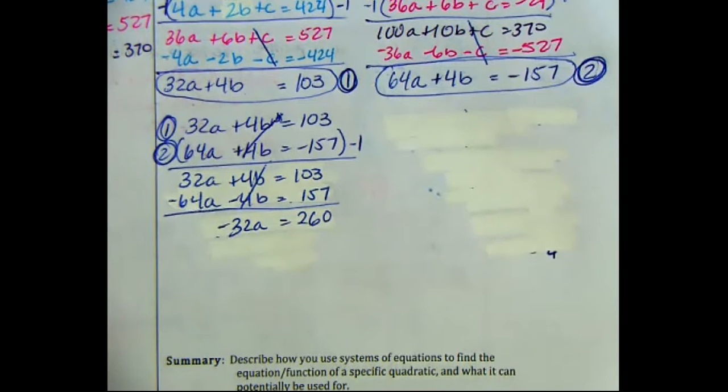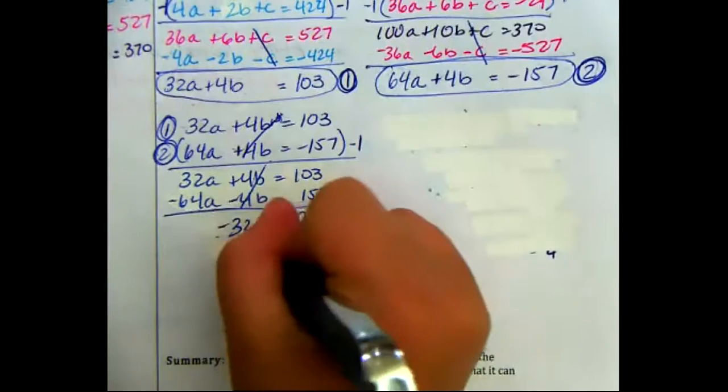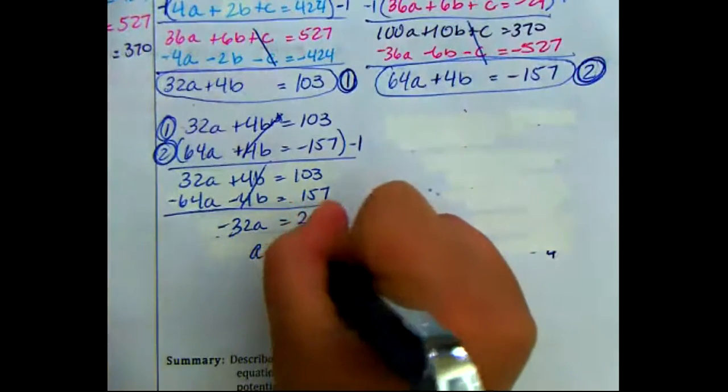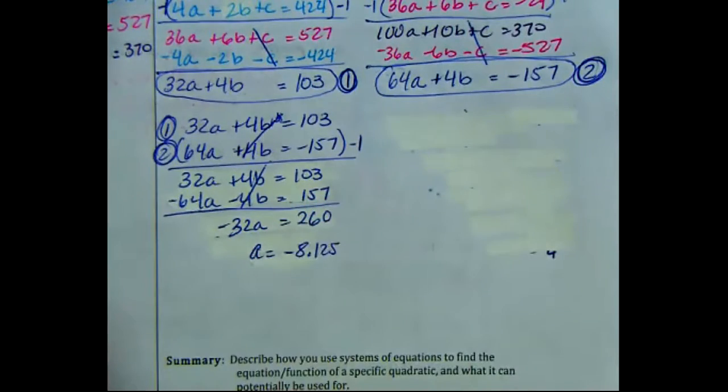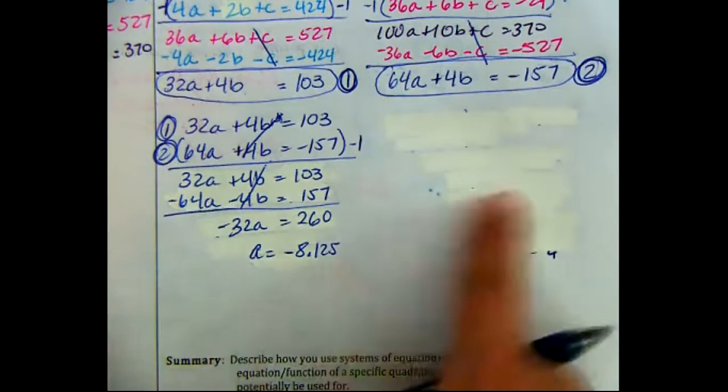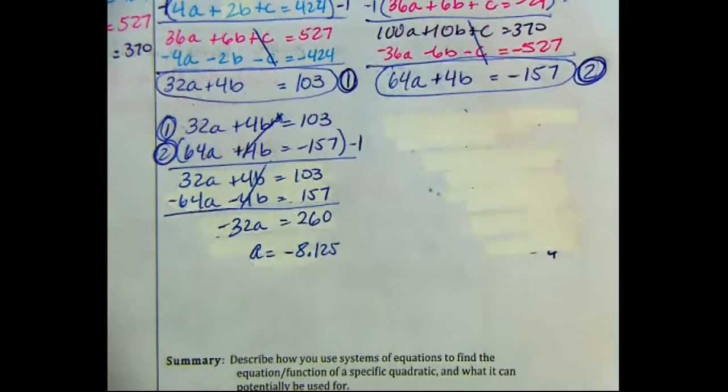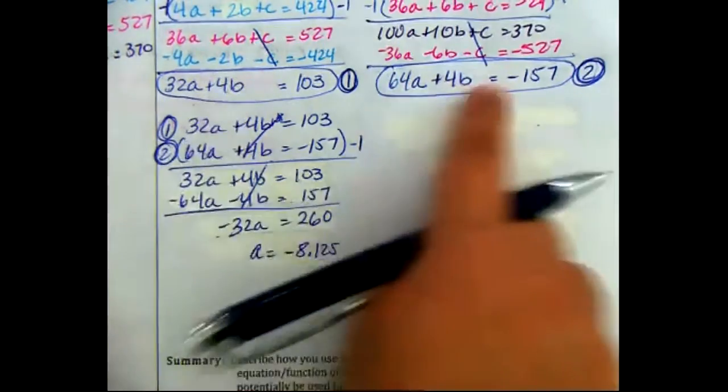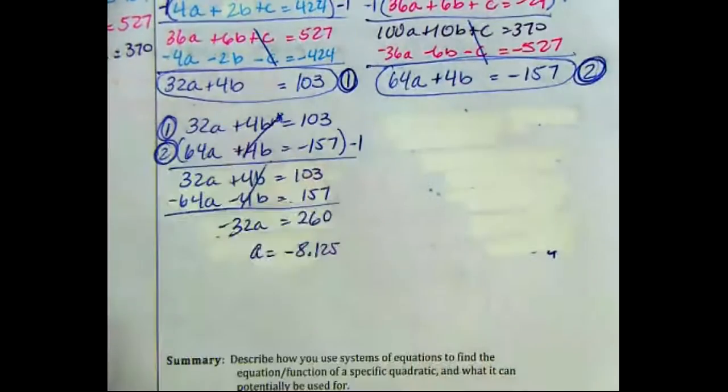So now I have 260 divided by negative 32, which gives me a is equal to negative 8.125. Thank you, Juan. Then we do the same process though. We take that and plug it into one of these guys to get our b.